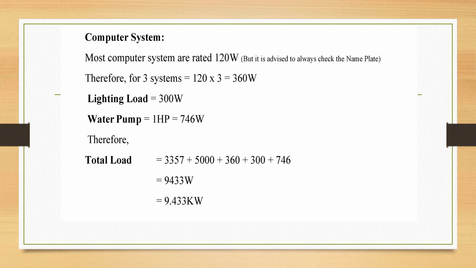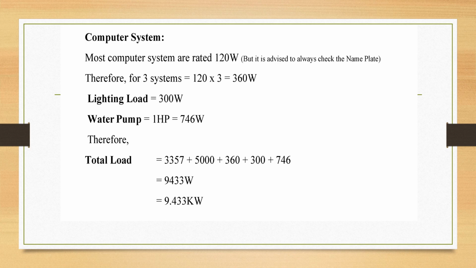The total lighting load for the office complex is 300 watts, and our water pump is 1 horsepower, which is 746 watts. Therefore, our total load will be 3357, which we got initially, plus 5000, plus 360, plus 300, plus 746.